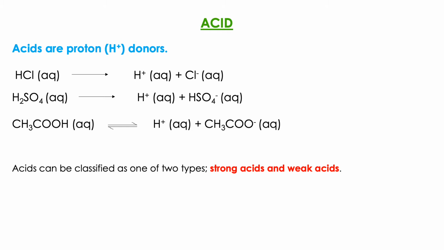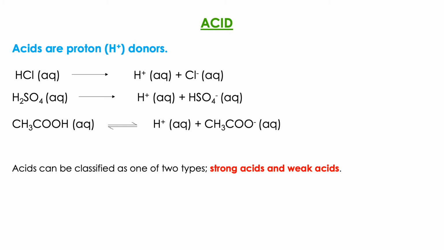H2SO4, sulfuric acid, dissociates to give H+ ions and HSO4- ions. Ethanoic acid dissociates to give H+ ions and ethanoate ions. Now in all these cases we see they give out protons or they donate protons.